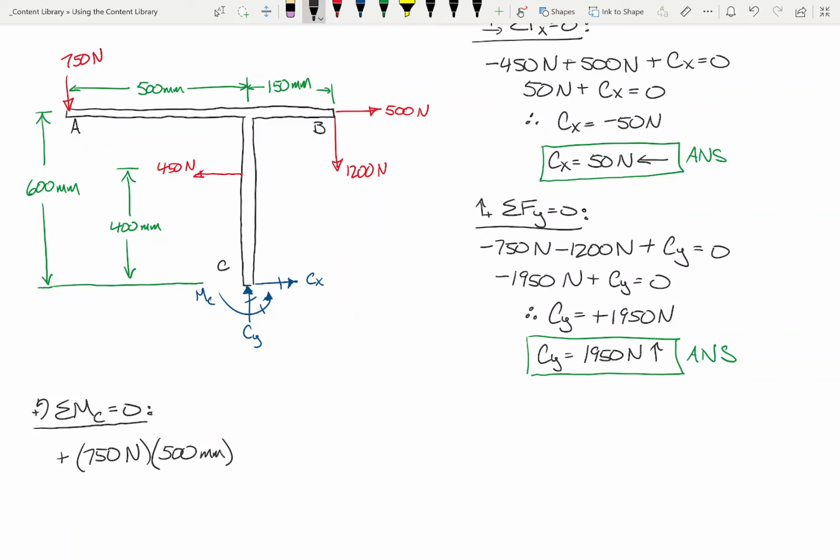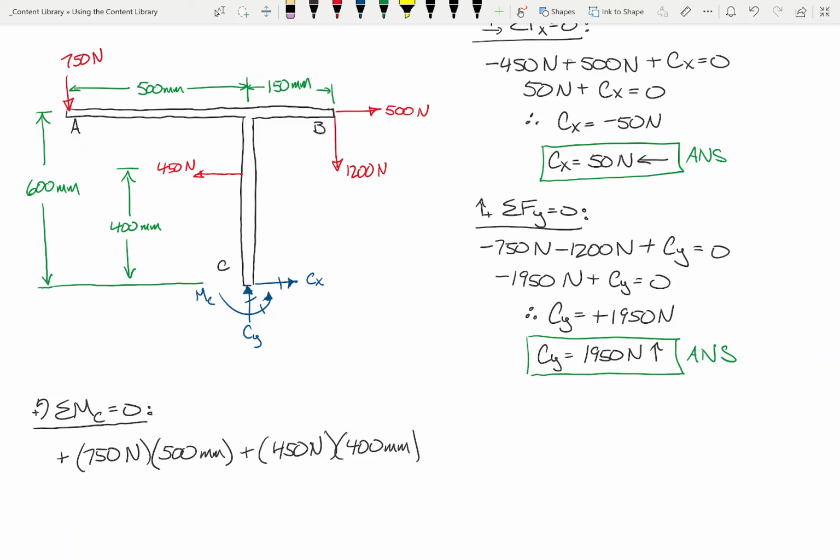Okay, so now what about that one? Does that generate rotation? Yes. Is it positive rotation? Yes. That's good enough. As for the moment arm, it's going to be from that line of action to the point, which is 400 millimeters.